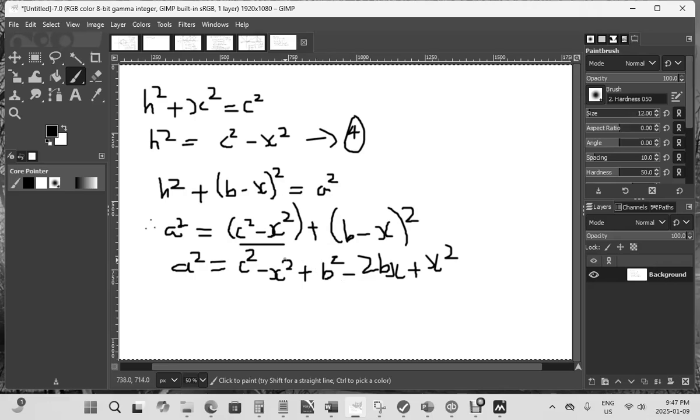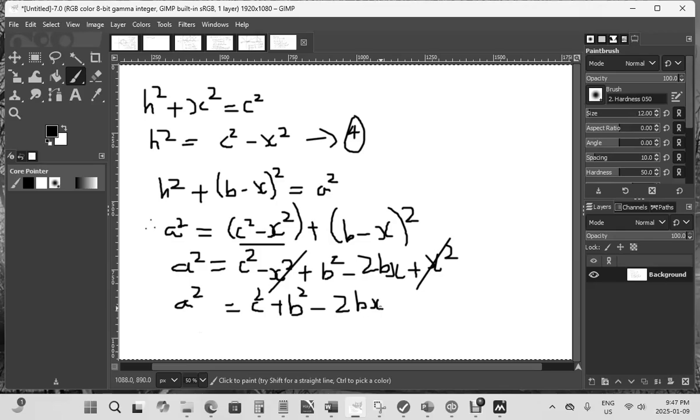You can cancel out your X squares over here. So you will be left with A squared equals C squared plus B squared minus 2BX.